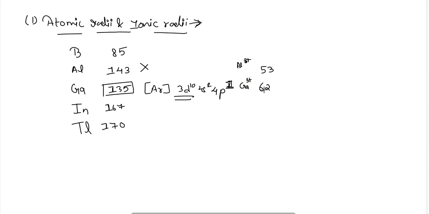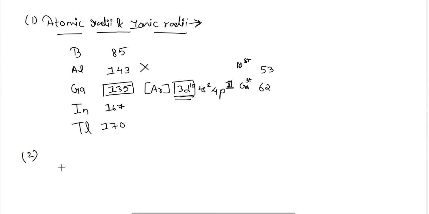So here you can see that there is a gradual increase in ionic radii, while the atomic radii show a decrement. The reason is that due to the presence of the 3d10 orbital, the size of the gallium atom reduces.